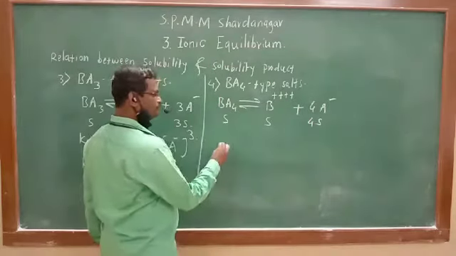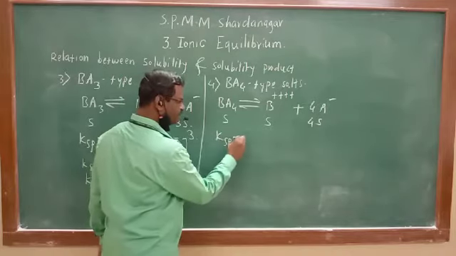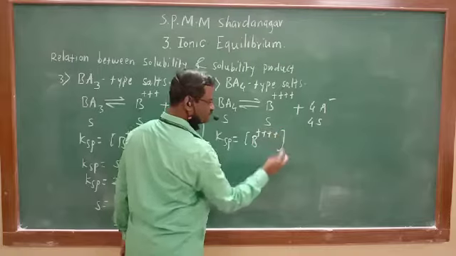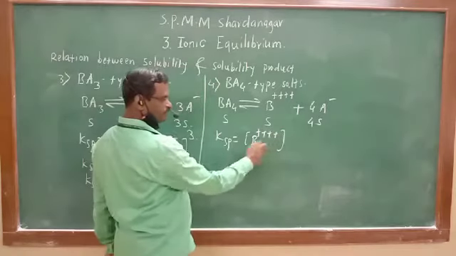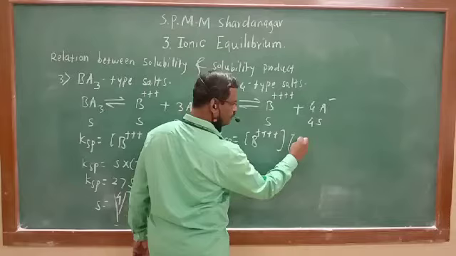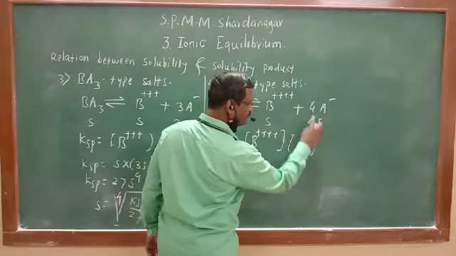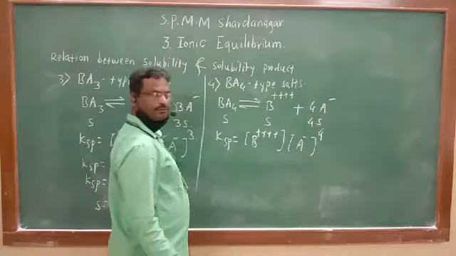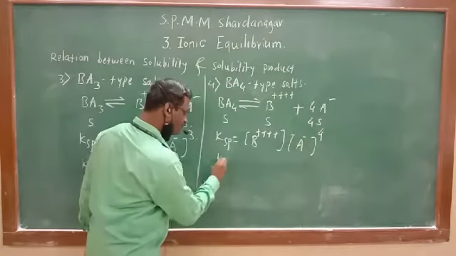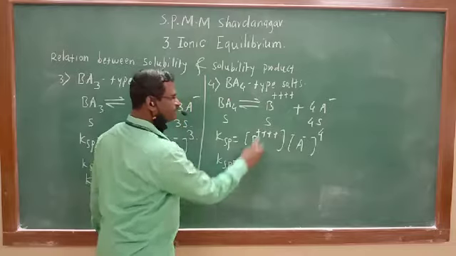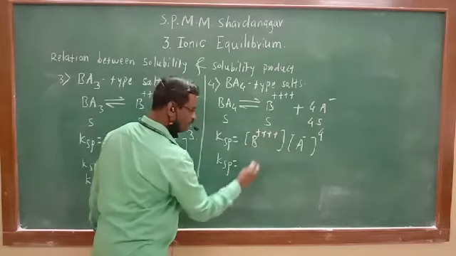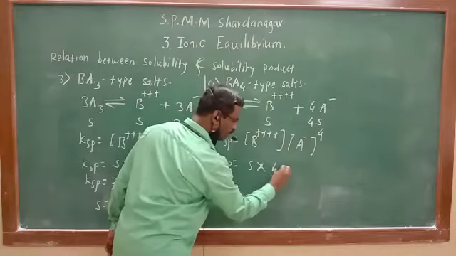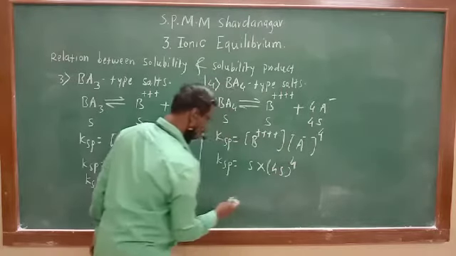Substituting, writing the equation Ksp is equal to concentration of B plus into A minus to the power 4. This 4 becomes the exponent. Now substitute the values. Ksp is equal to S for B plus, into 4s for A minus, raised to 4.